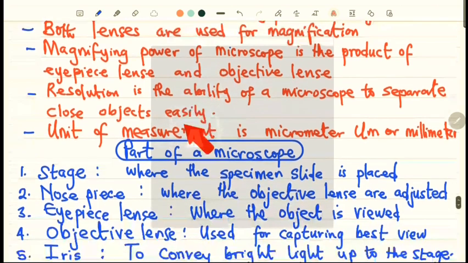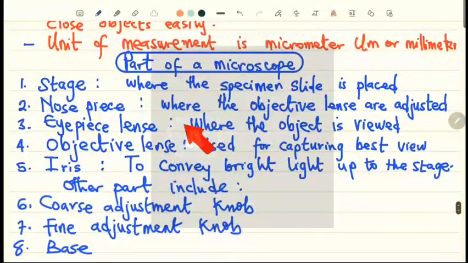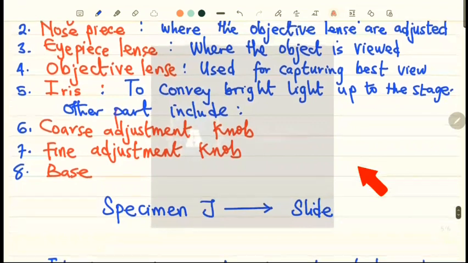So what are the parts of a microscope? You need to know the parts of a microscope. Number one is the stage. Number two is the nose piece. Number three is the eyepiece. Number four is the objective lens, then the iris. The other parts include the coarse adjustment knob, the fine adjustment knob and also the base. So those things you need to know, with a brief function of each and every one of them.